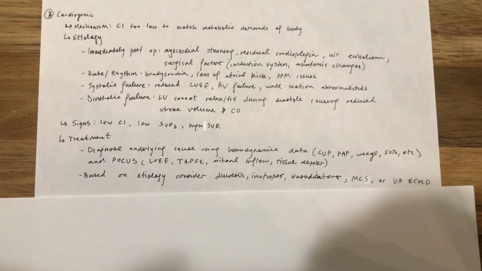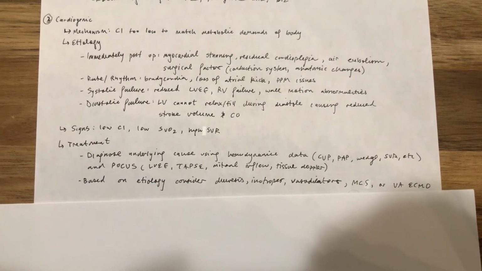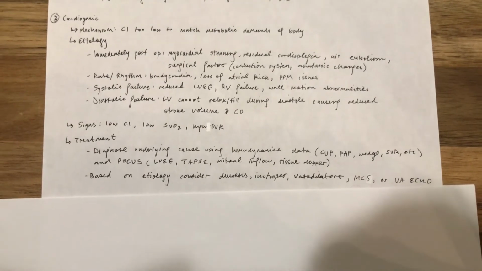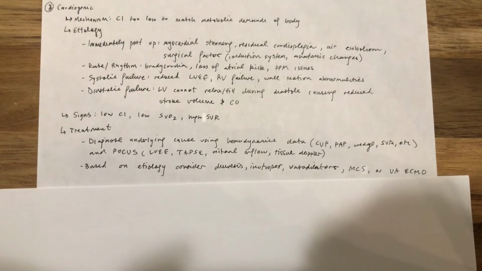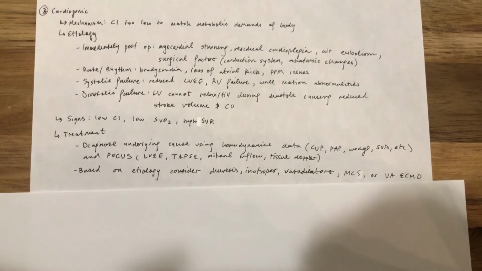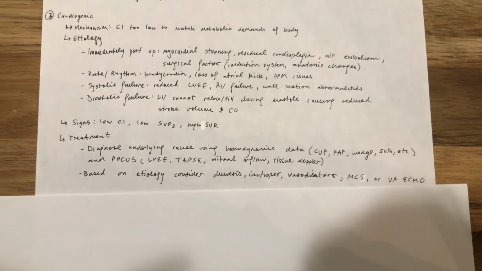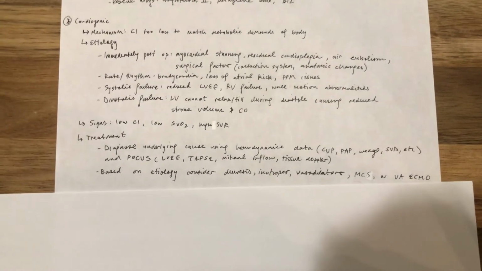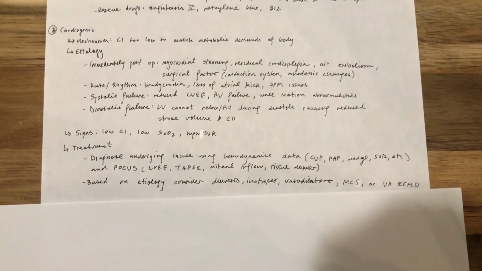We're going to talk about point-of-care ultrasound later, but just know that the treatment is either diuresis, give them inotropes, or give them vasodilators to treat preload, contractility, and afterload. And then if that medical therapy doesn't work, we're looking at mechanical circulatory support.